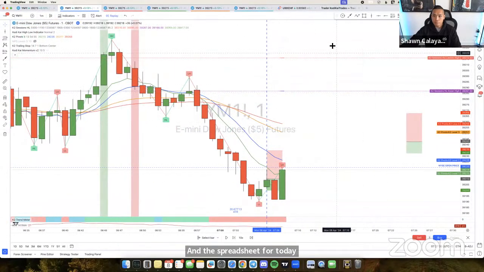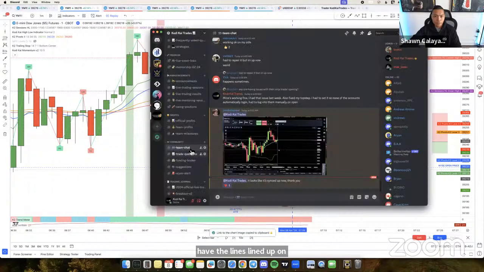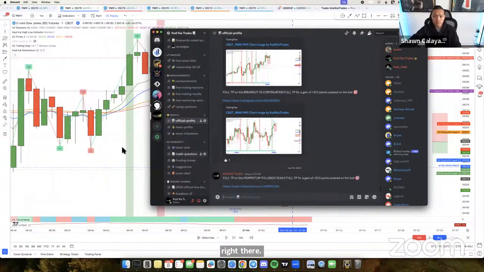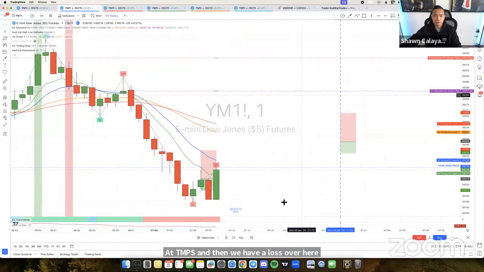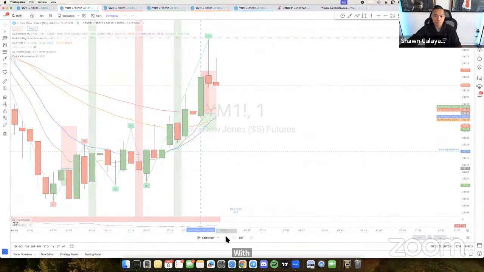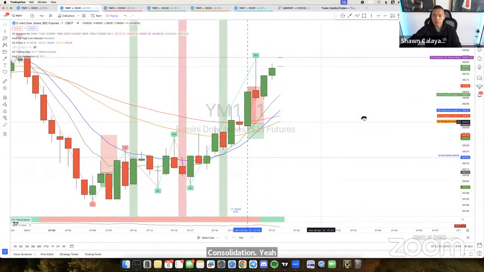So this here's an MPS that came up earlier today. I wasn't able to get into it because I didn't have the lines lined up on my NinjaTrader. So that's the first one right there. That's the MPS. And then we have a loss over here with the consolidation variation right here.